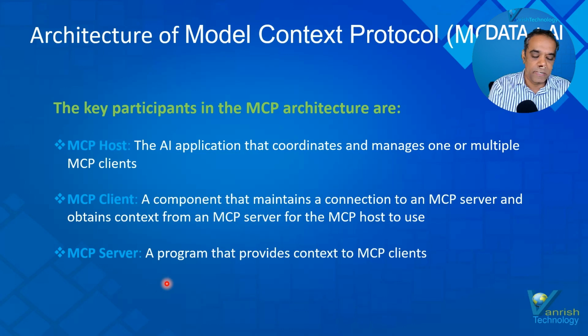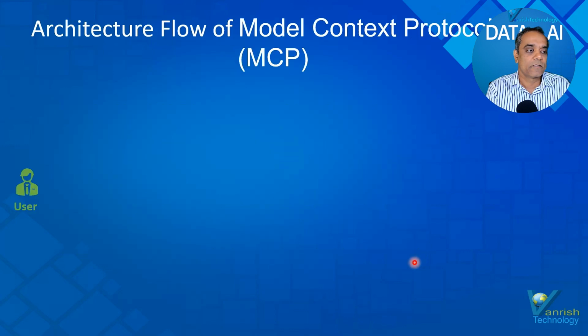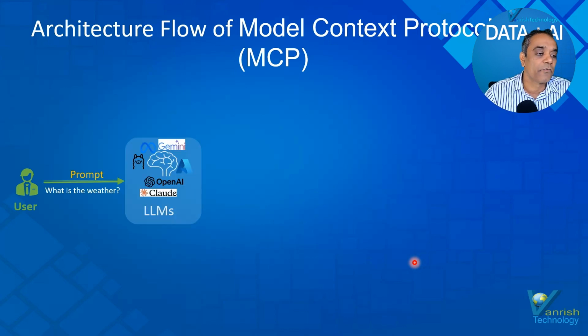So let's look at the architecture in more detail. Suppose this is a user who wants to get a response from your LLM using external data. What does that look like? As soon as you prompt, for example, what is the weather, you are asking a question directly to your LLM. Your LLM then recognizes the need for external data.